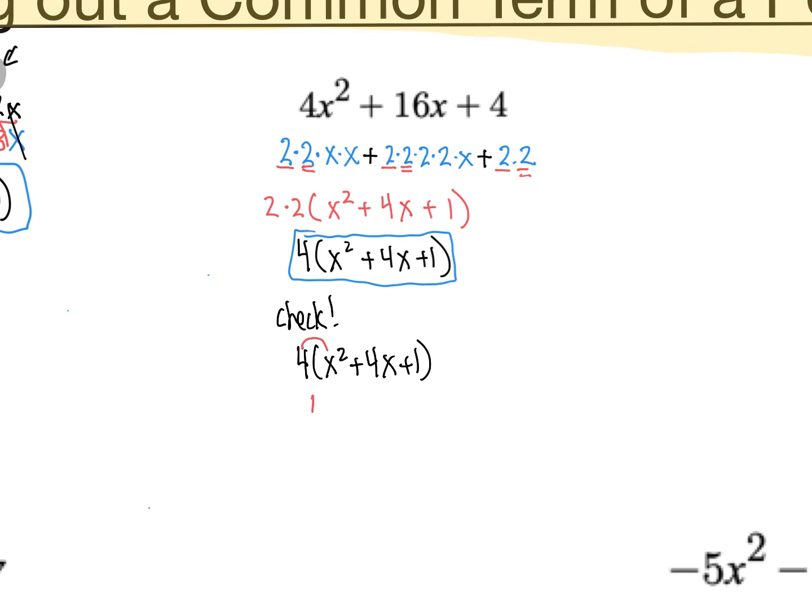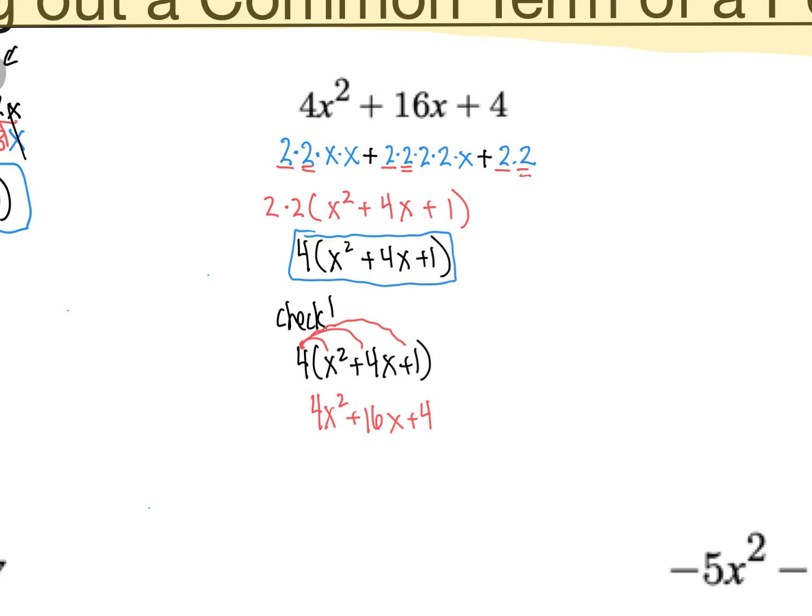So 4 times x squared is 4x squared, plus 4 times 4, which is 16, and then the x, plus, and this is why that 1 is important, because when I distribute it back into the polynomial, I get 1 times 4, and that is going to give me the original polynomial. If I had a 0 here, then this would turn into a 0, and it wouldn't match. So that's why the placeholder is important.